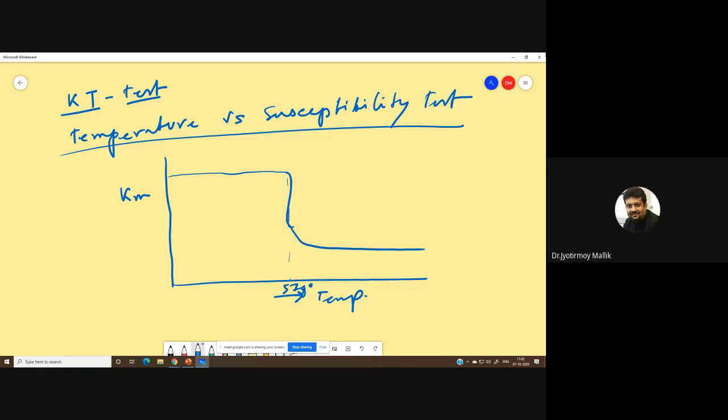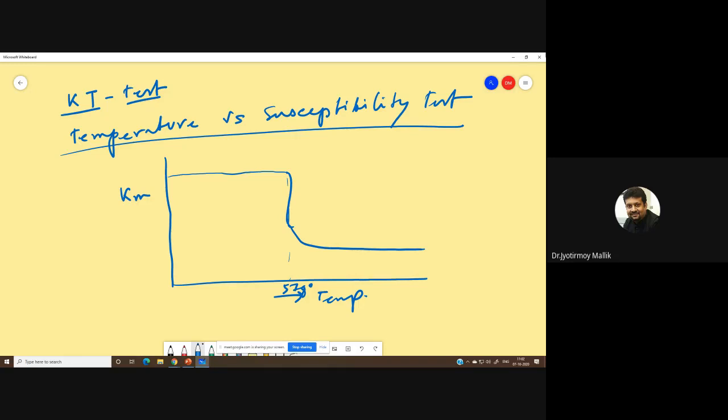These curves are generally called KT curves, or temperature dependent susceptibility curves.